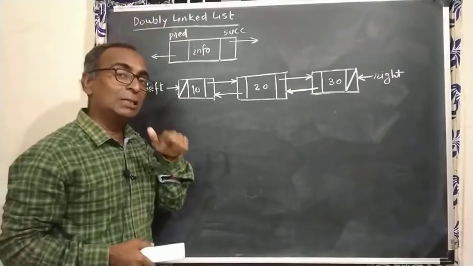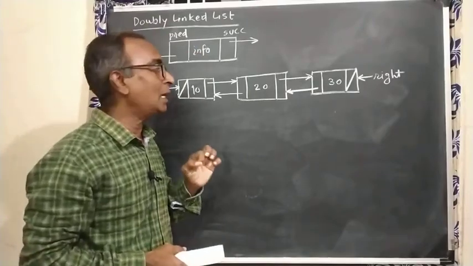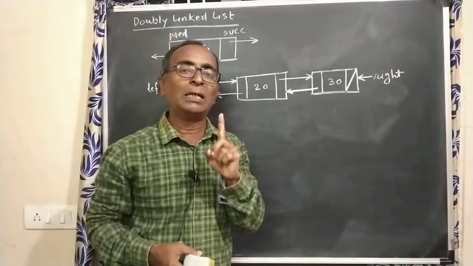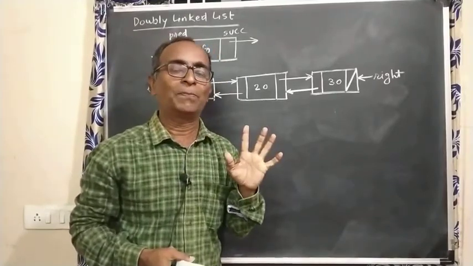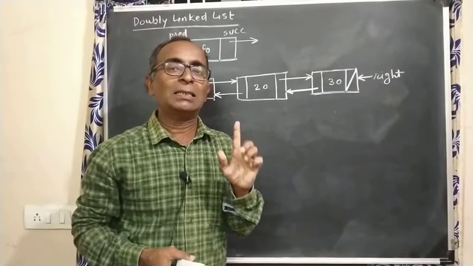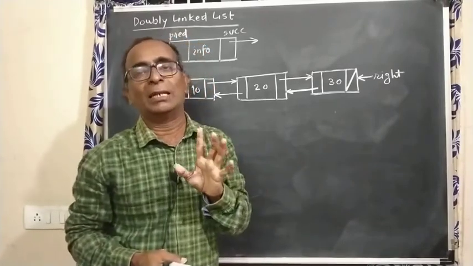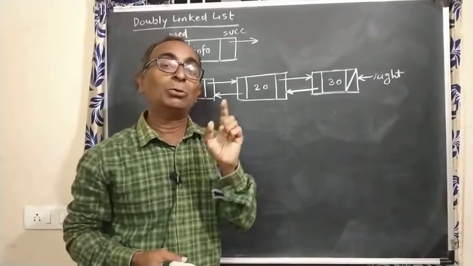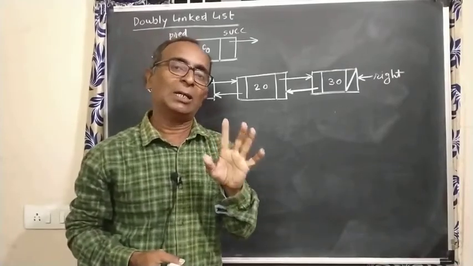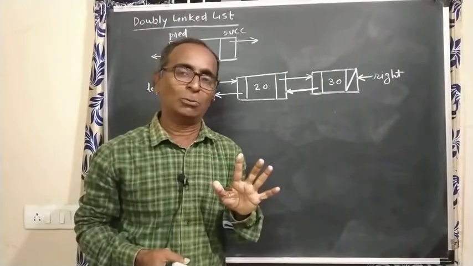Then in case of a singly linked list, for insertion or deletion, the predecessor node's address is compulsory. Unless you have the predecessor node's address, except in some cases, you have to traverse the list, and that operation will become big O of n always.